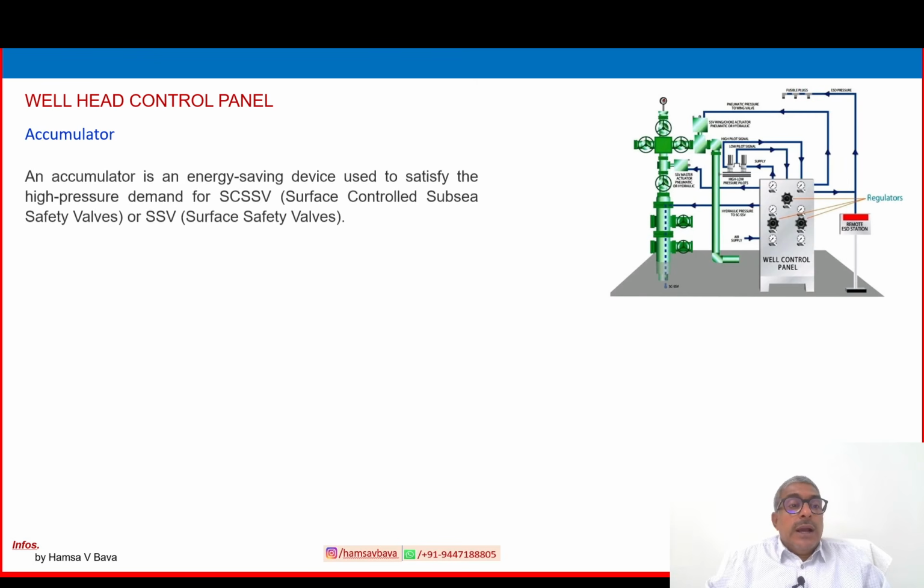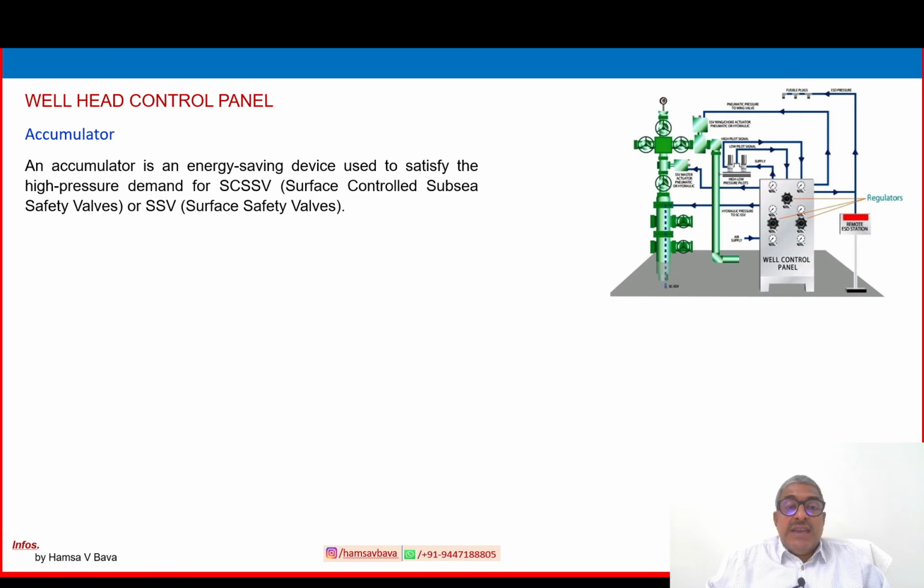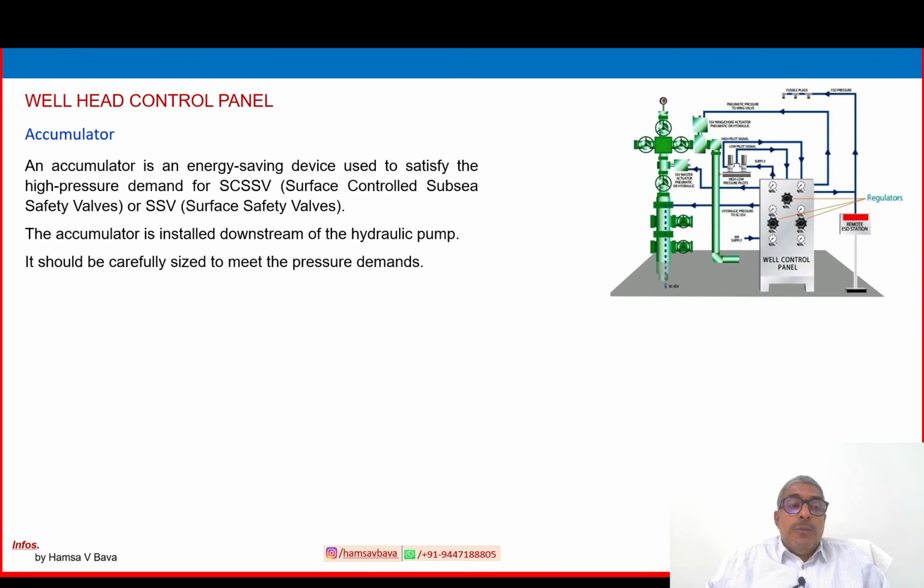Accumulator. An accumulator is an energy saving device used to satisfy the high pressure demand of the surface controlled safety valve, subsurface safety valve, or surface safety valve. The accumulator is installed downstream of the hydraulic pump. It should be carefully sized to meet the pressure demand. The accumulator has two sections, the gas section and the hydraulic section.